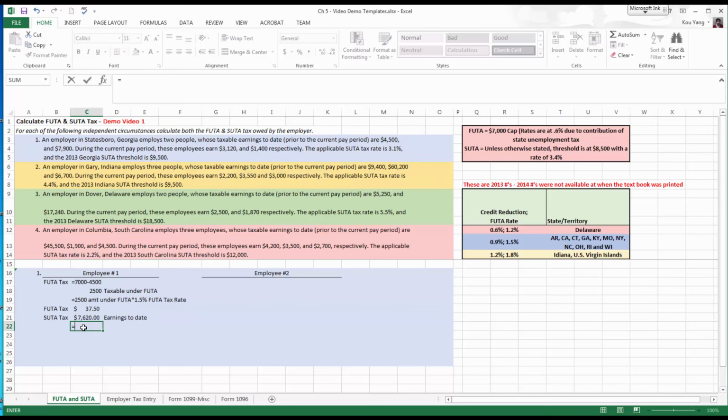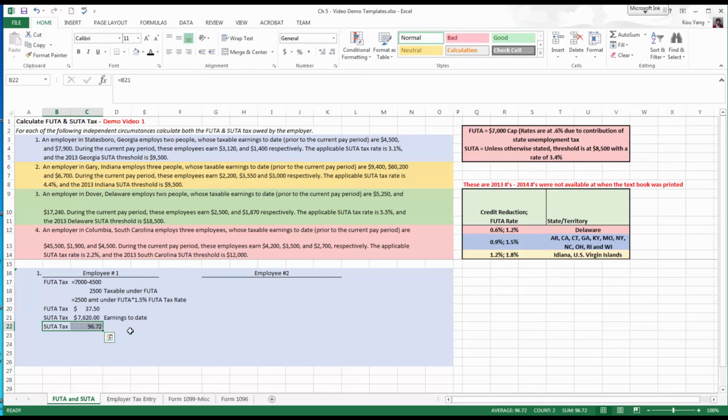So the entire $7,620 would be taxable under SUTA at 3.1%, for a SUTA tax of $96.72.